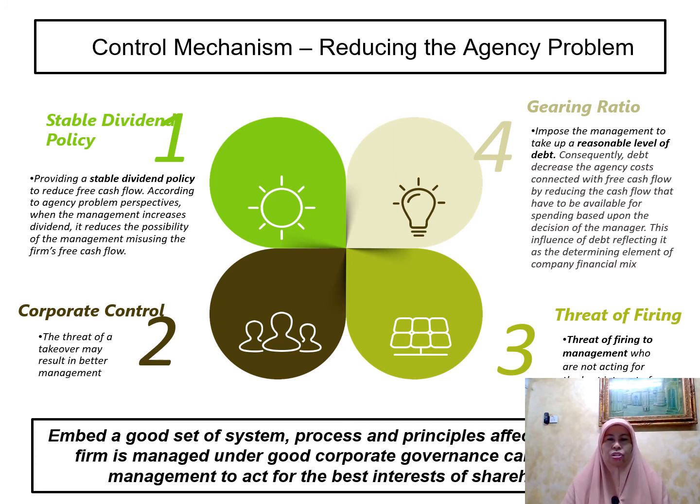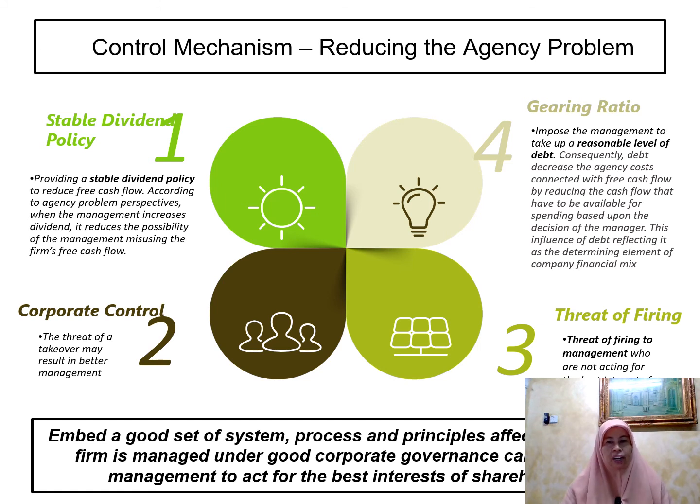Okay, gearing ratio means that it imposes the management to take up a reasonable level of debt. So gearing relates to the debt. Okay, so the company must make sure the debt to equity ratio is at a reasonable level of debt. Debt decreases the agency costs connected with free cash flow by reducing the cash flow that has to be available, because the cash flow is used to pay the interest.